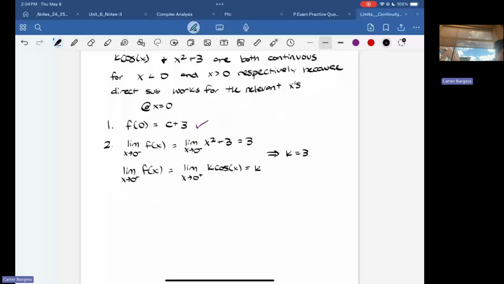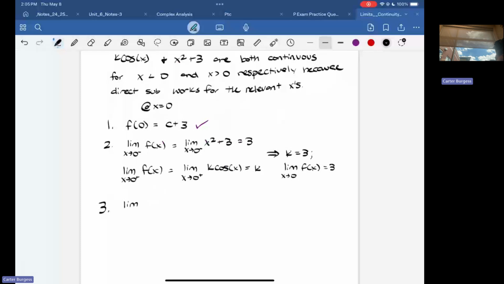And importantly to note, k is 3 and the limit is 3 as well, right? The limit as x approaches 0 of f of x is also 3, which is good to note. We'll use it for step 3. What are we demonstrating in step 3? That they must be equal.